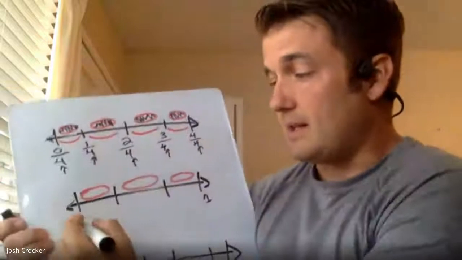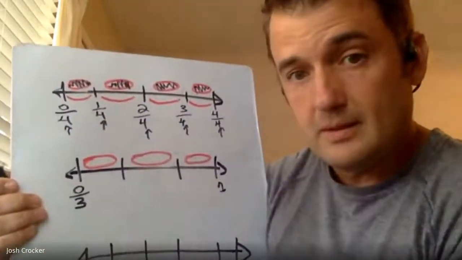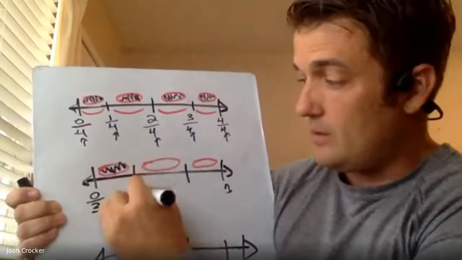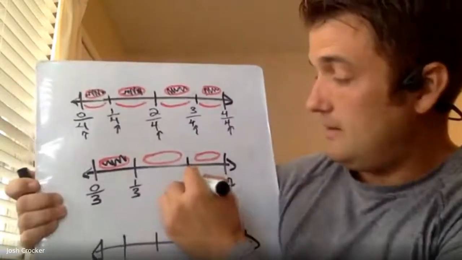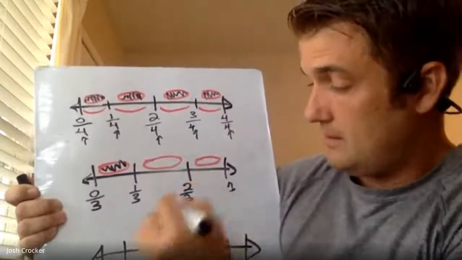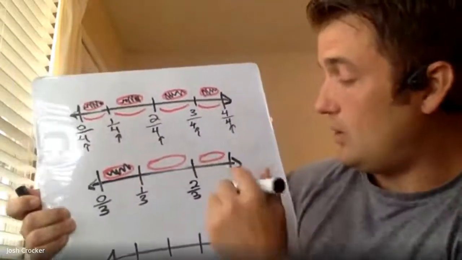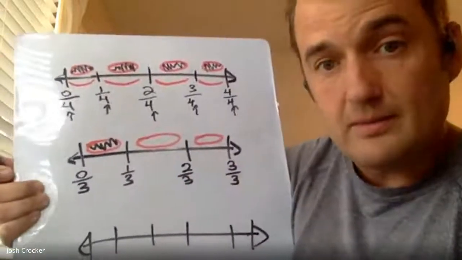So that means I'm working with thirds. The first line, if I have 1 of those, is 1/3. The next line is 2/3. And the last line is 1 whole, or it can be written as 3/3.